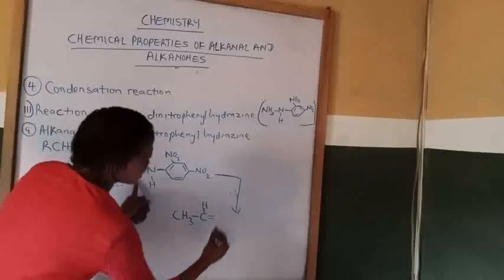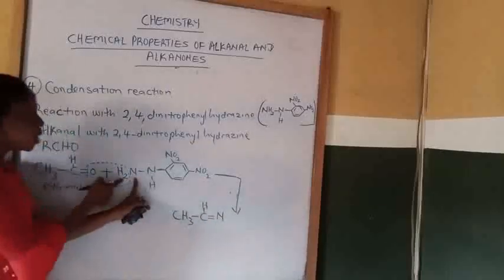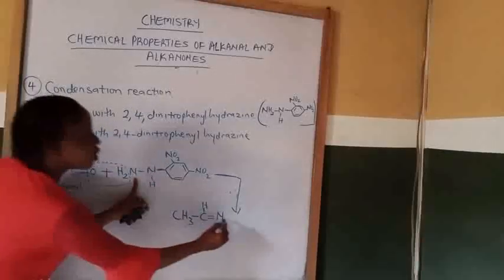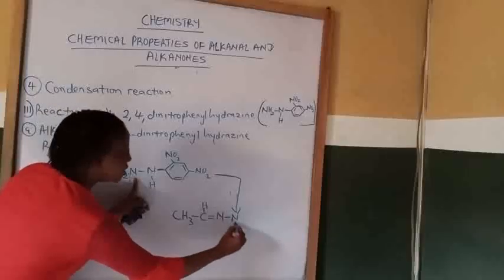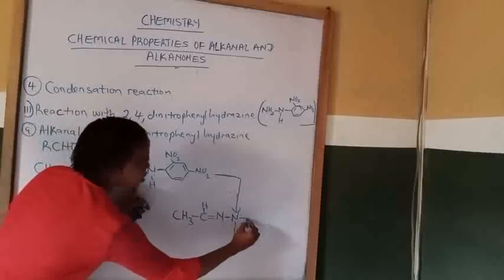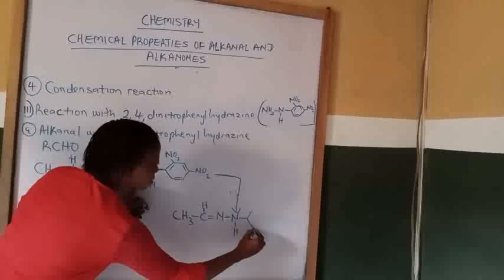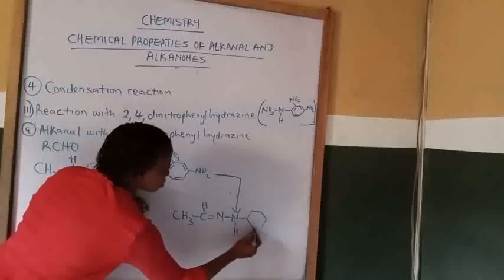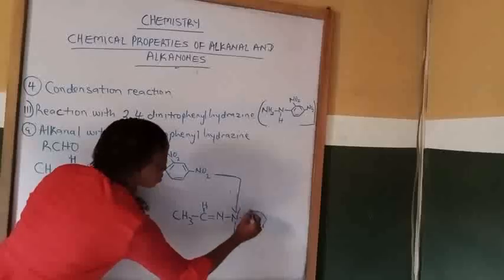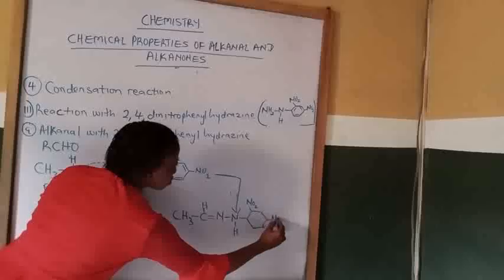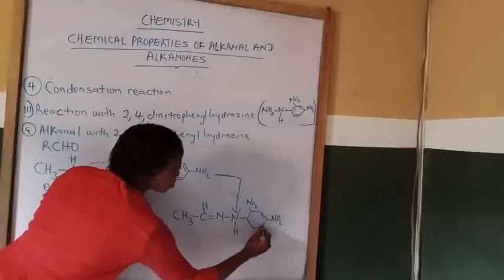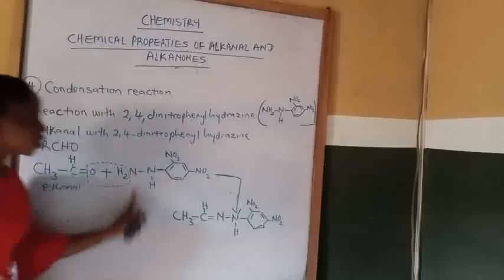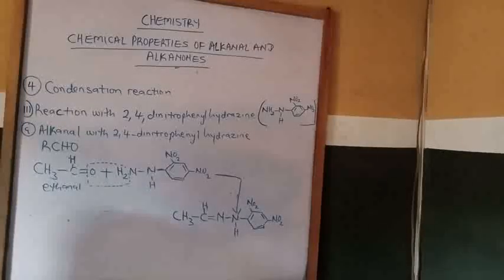So with nitrogen, we have removed this hydrogen, followed by NH, then the structure of vinyl. So this is the product form.